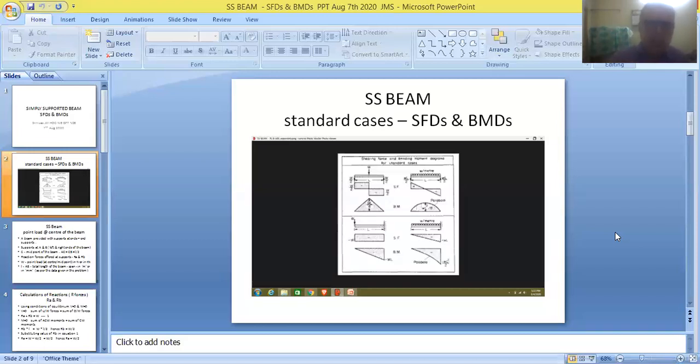Now, friends, RA and RB are acting in the upward direction, so they are called upward forces. And W, the point load, is acting in the downward direction, so it is called a downward force. By equating these two values, we get the equation RA plus RB equals W.